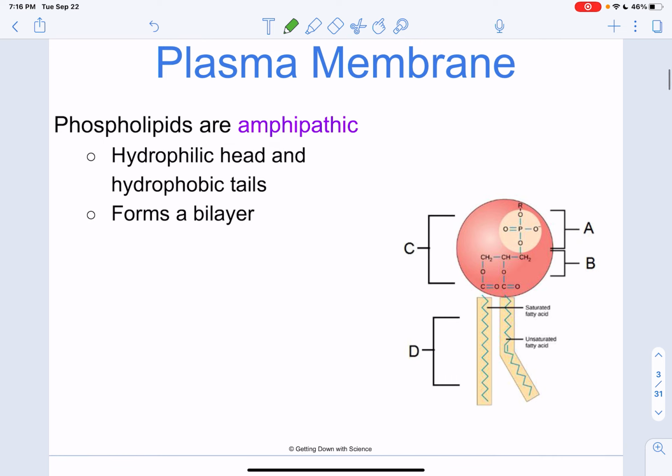Phospholipids, due to having a hydrophilic and a hydrophobic section, are amphipathic, meaning that they have hydrophobic and hydrophilic parts.